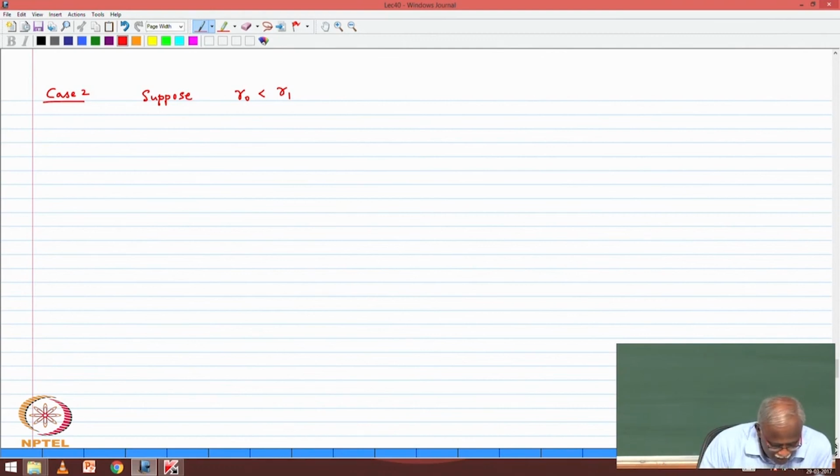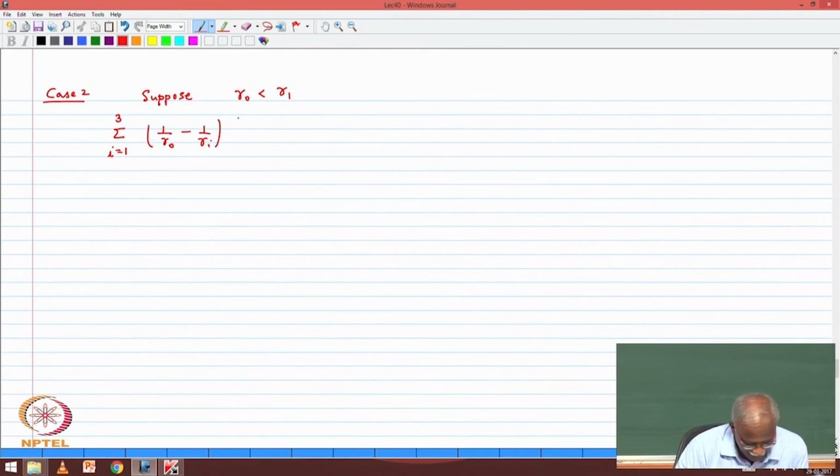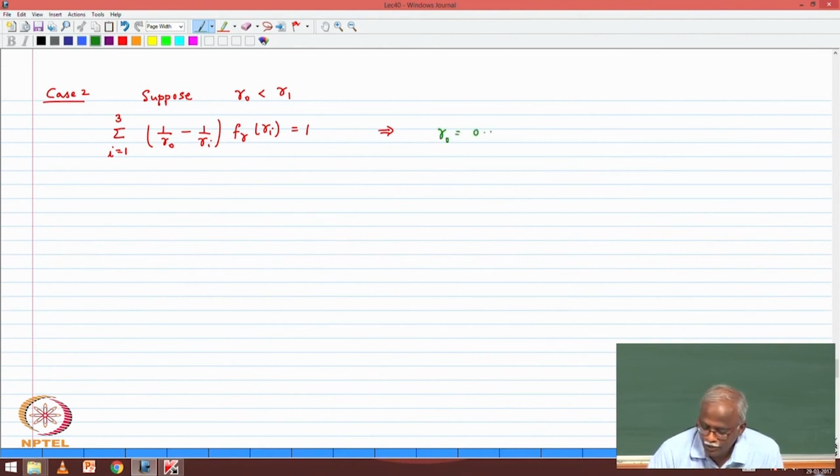So now this condition will be summation I equal to 1 to 3, 1 by gamma naught minus 1 by gamma I, into f gamma of gamma I, equal to 1. Okay. You solve this, of course you will get an answer. Gamma naught is equal to 0.89 comes out to be the answer.